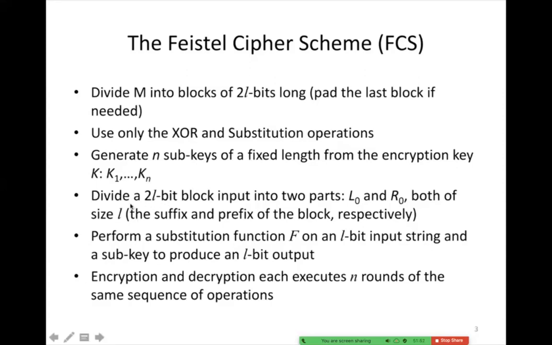Okay, so then FCS divides each block into 2 parts of equal length. The left-hand side is denoted by L. The right-hand side is denoted by R. To begin with, each block is L0 followed by R0.